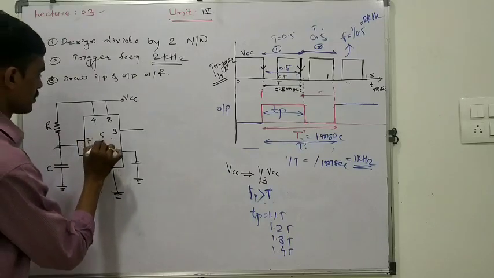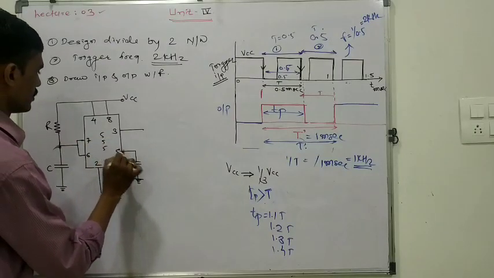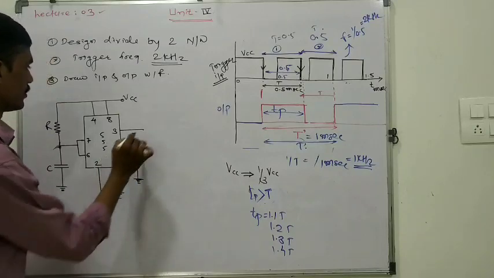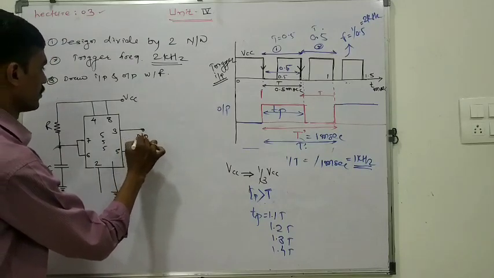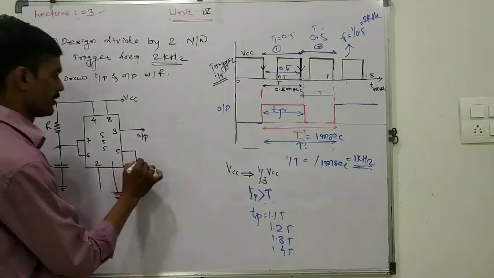So this is the 555 IC, pin 5, and this is the output, with 0.1 microfarad.